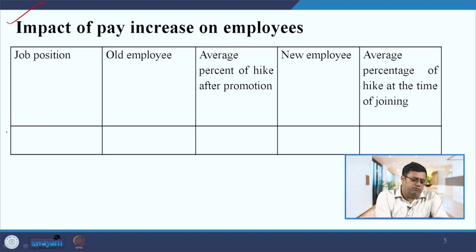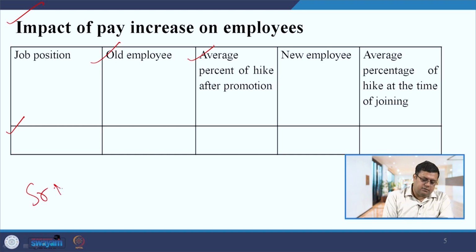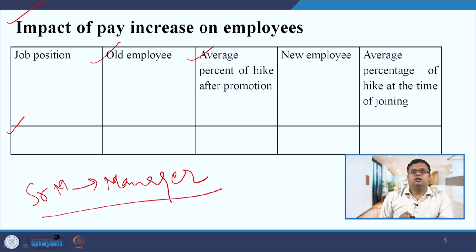For job position wise, for old employees, what is the average percentage of hike they are getting? Let us assume somebody was a senior manager and became a manager.